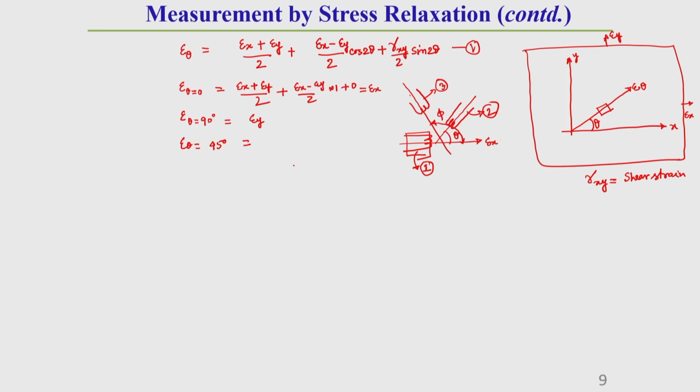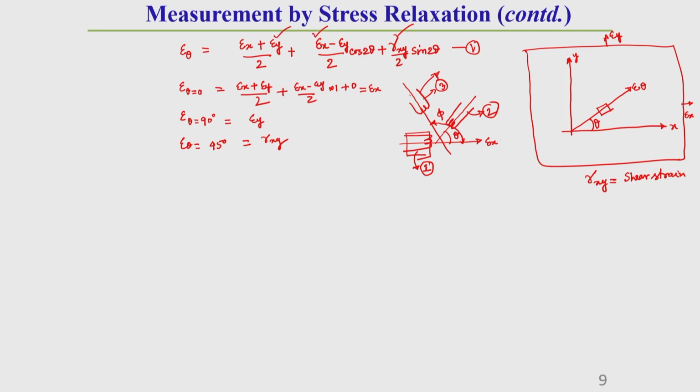If we put all these values using this relationship, we can easily measure this gamma xy, that means the shear strain component also. The strain gauge at 45 degrees will give you some value. That value is known to us, and by putting it here we can easily find out these 3 unknowns, gamma xy, epsilon x and epsilon y, correct.